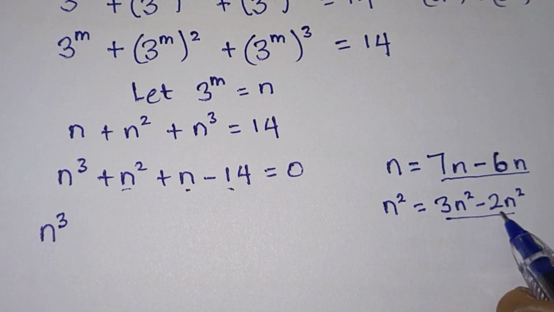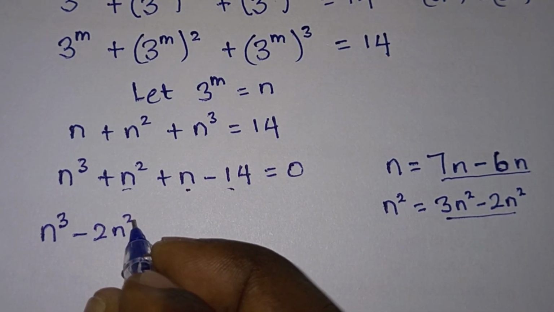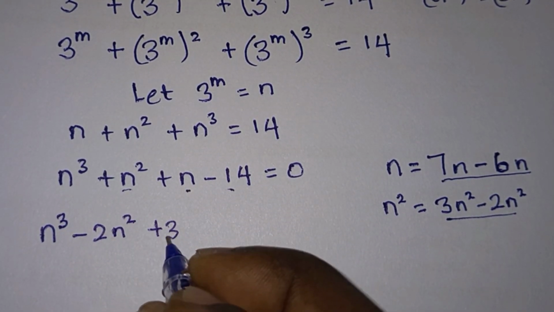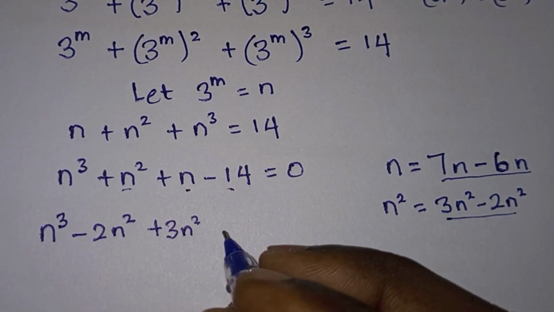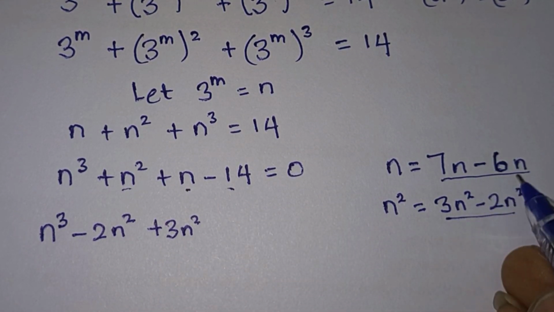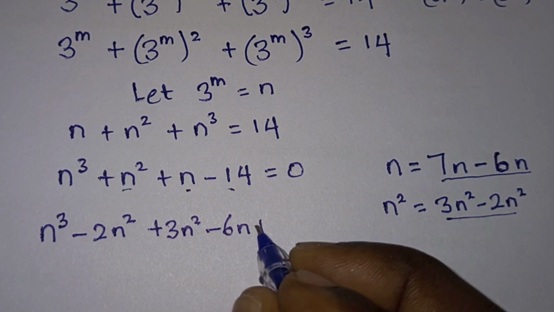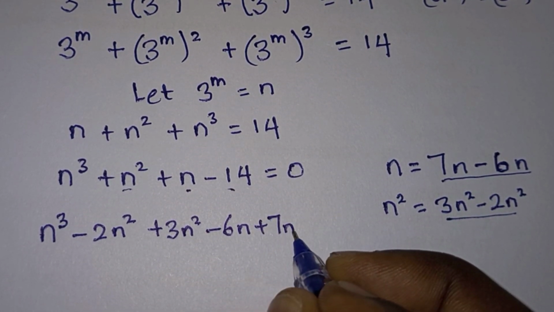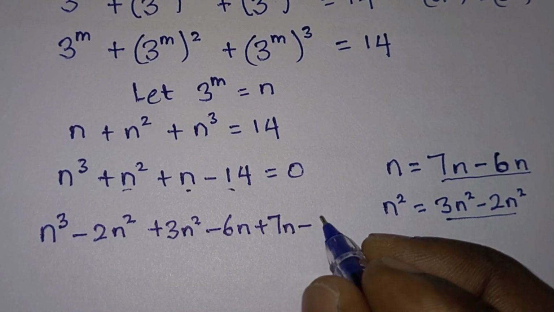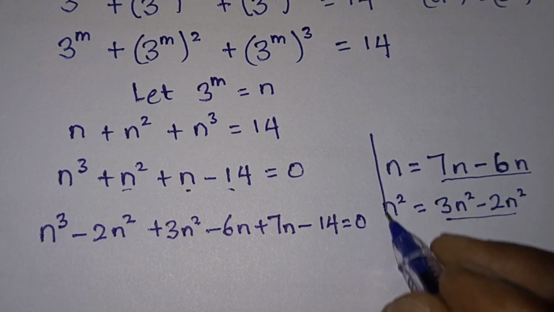Now from this one, I'm going to write the negative term first. So we have minus 2n squared, then plus 3n squared. Then we have n here, which is the same as this one, but I'll write the negative term first. We're going to have negative 6n plus 7n, then minus 14 is equal to 0.